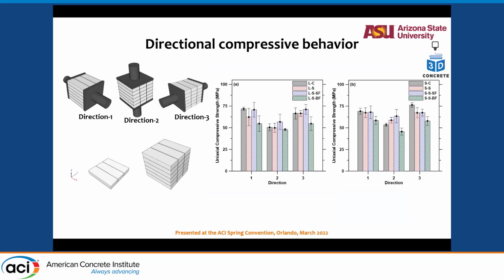There is a little bit of directional behavior in compression. I'm not showing directional behavior in flexure for a very specific reason. When you do a flexural test and you have your layers perpendicular to the direction of applied loading, then the layers influence flexure. The moment I flip it and make interfilament joints parallel to the direction, then I'm not doing a flexural test.